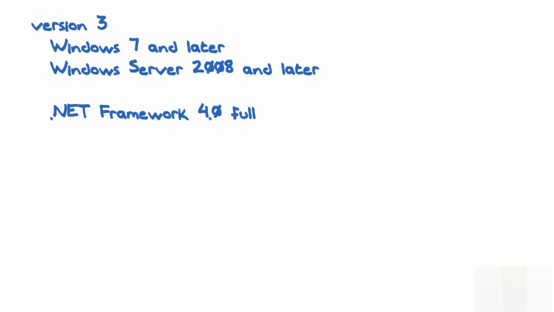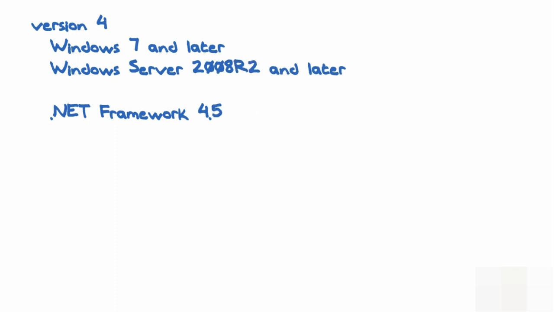In fact, if you try to install version 3 and all you have is .NET Framework 4.0 Client Profile, you'll get an error message to the effect of, this update is not applicable to this system. PowerShell is essentially shipped as a hotfix, and that's why the error message says that. So just make sure that you've got the full install of .NET Framework 4.0. Go to Microsoft's download website if you need to, so you can get the full framework installer.